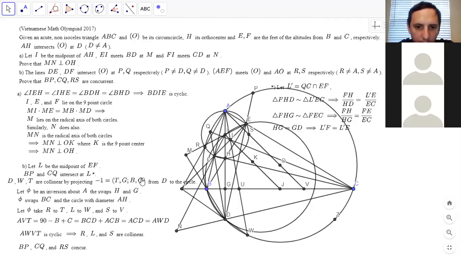And then if we project from D onto the circle, then we get A, B, C, W. So basically we want to show A, B, C, W are in harmonic conjugation.